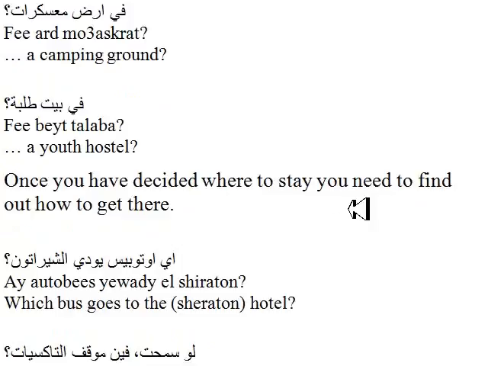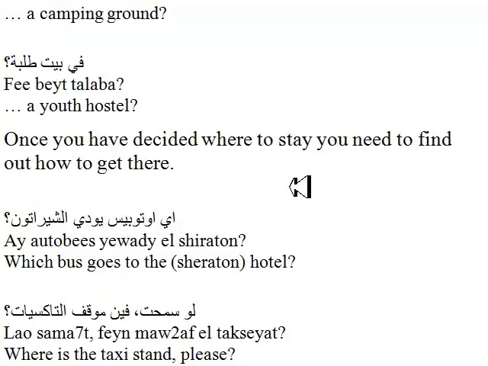So once you have decided where to stay, you need to find out how to get there, like to know the directions, and we will have this direction lesson soon, inshallah. Just some phrases will help you find out where to go. أي أتوبيس, which bus.